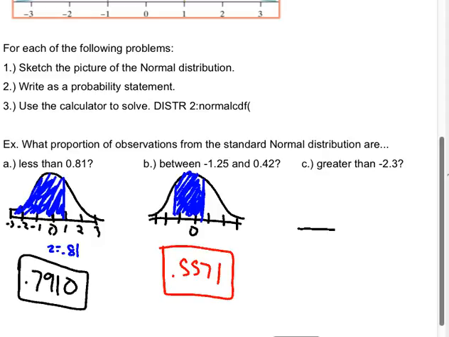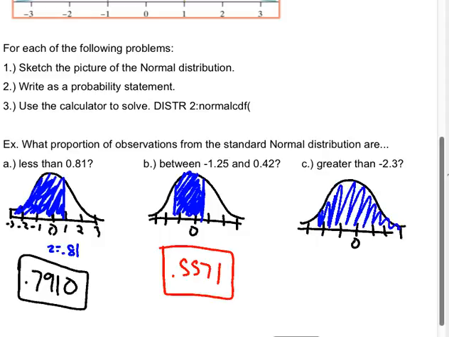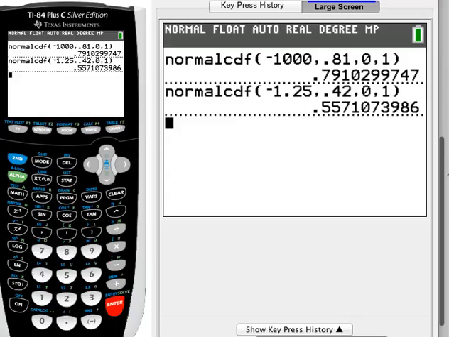And then our last one, again, standard normal curve. So here, from negative 2.3 up. So what would that calculation look like?